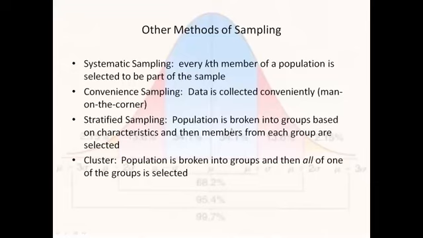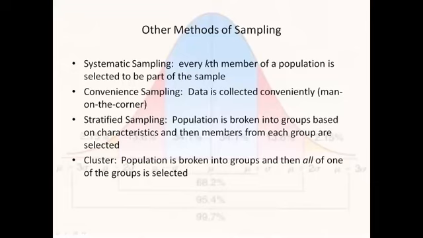So what I do is I take my list of Social Security numbers, and I'm going to grab every 20th person. Well, clearly that's not a truly random sample, because every person doesn't have the same probability of getting in. But it's a real systematic way for me to gather data.